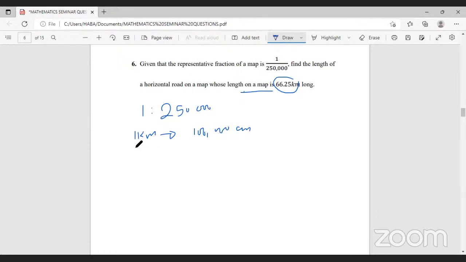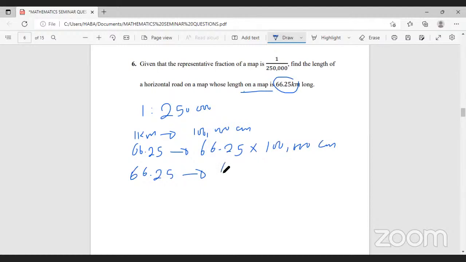So 66.25 kilometers will be equal to 66.25 times 100,000. We shall get, what's the answer?